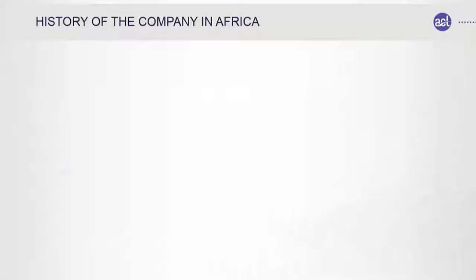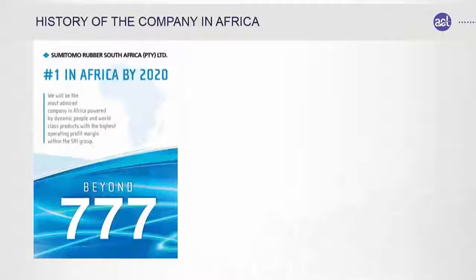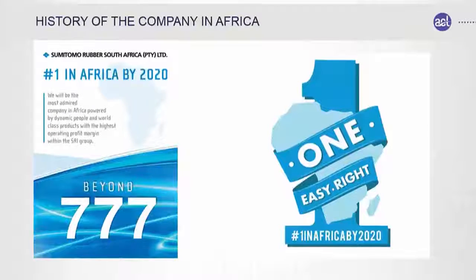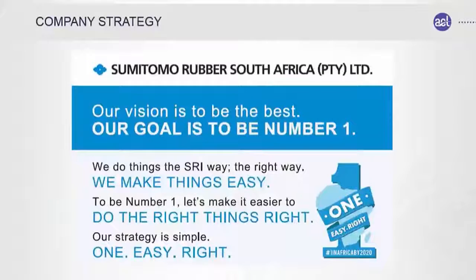And then, in terms of our corporate strategy, we aim to be number one in Africa by 2020. Our strategy is called One Easy Right, hashtag number one in Africa by 2020. The reason it's called that is because, breaking it down, we want to be number one by making things easy and doing things right.